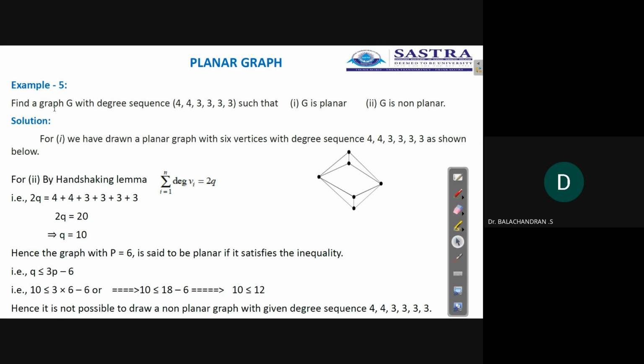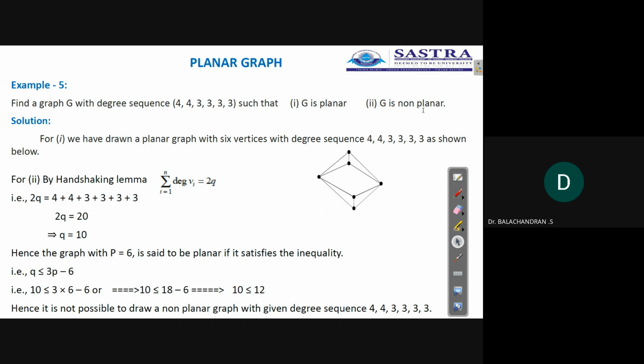So in the fifth one, find a graph G with a degree sequence. They gave the degree sequence 4 4 3 3 3 3, such that you need to draw a graph G using this degree sequence. First subdivision, you should draw a planar graph. Second one, you should draw a non-planar graph.